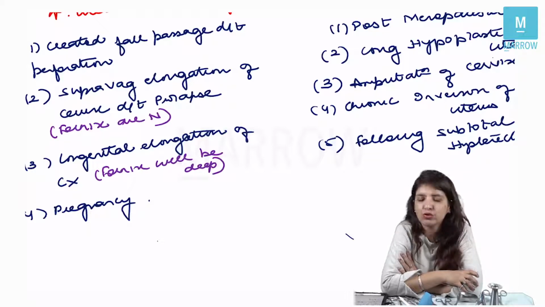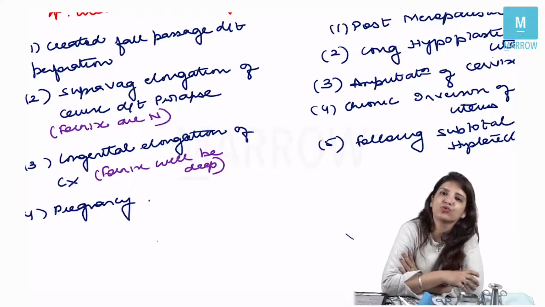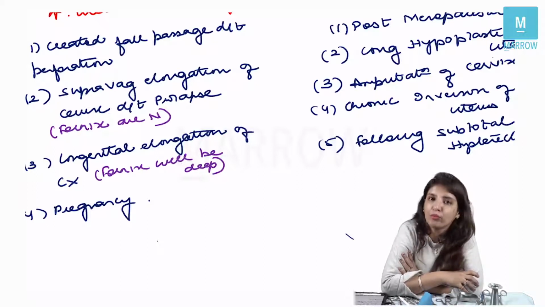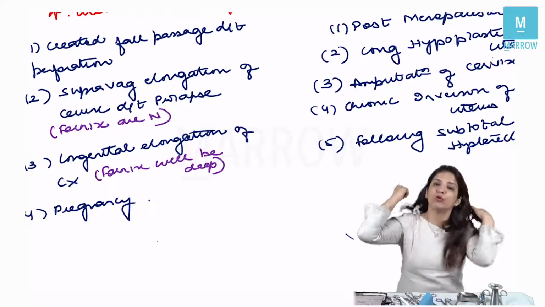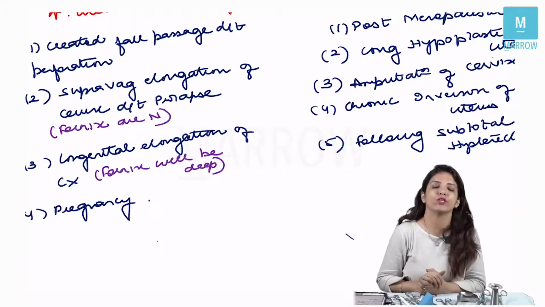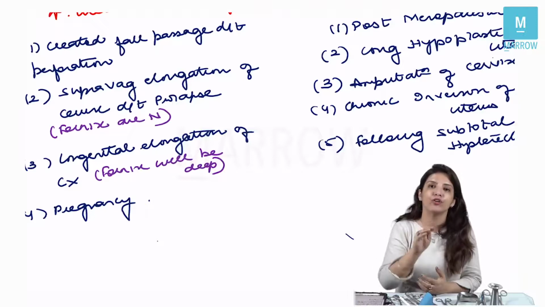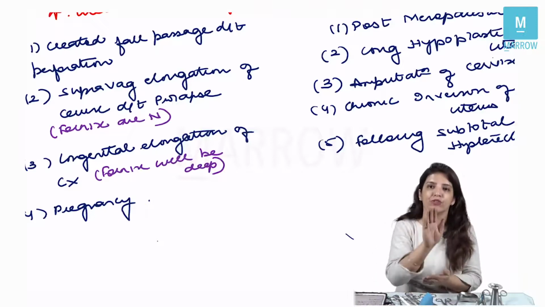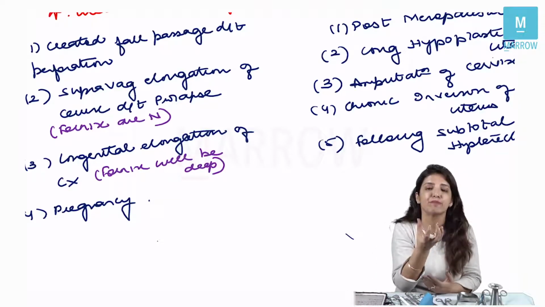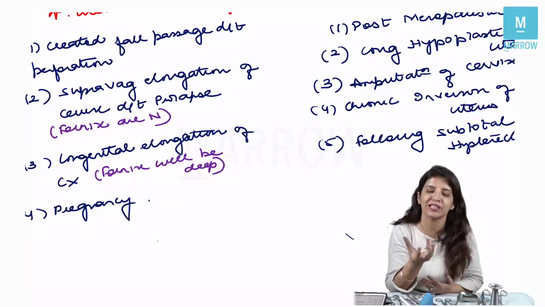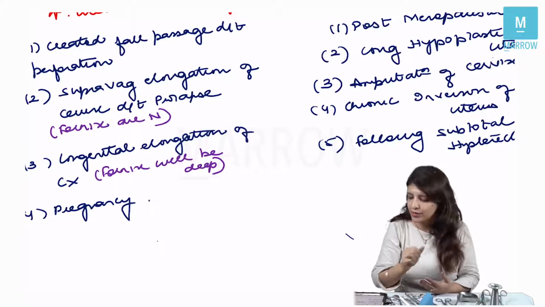Now, let's talk about those conditions where the uterocervical length is decreased. The uterocervical length will decrease in menopause. Why? Because in menopause, both the uterus and cervix are going to undergo atrophy. Suppose there is a chronic inversion of the uterus, the fundus of the uterus has dipped down. Now, if the fundus of the uterus has dipped down, obviously the uterocervical length is going to decrease.